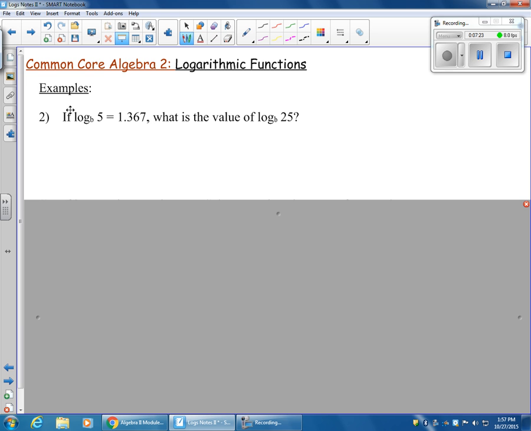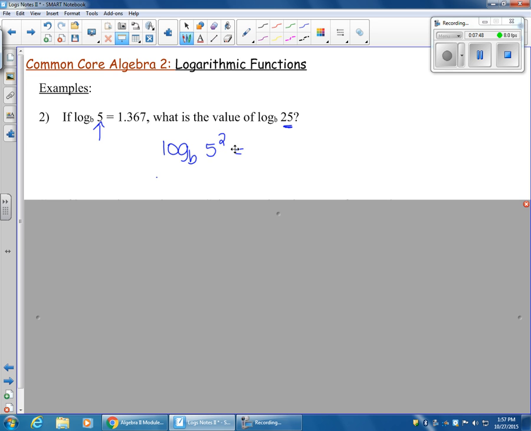So now we have log base b of 5 equals this number, 1.367. We want to figure out a value of this. So what you're trying to do is look at what you're given that you have to find, 25. You have to somehow relate it to the 5. So obviously we can rewrite 25 as log base b of 5 squared.